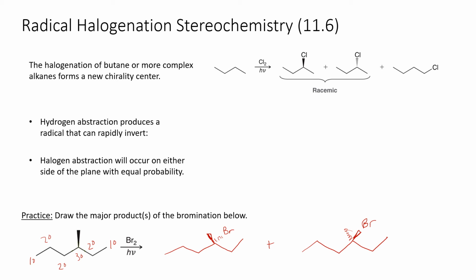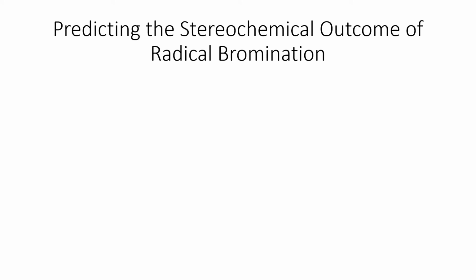So let's practice again, predicting the stereochemical outcome of radical bromination. Because remember, bromine is much more selective than that of chlorine. So when we're doing this, the first thing you want to do is identify the regiochemical outcome, meaning what will give us the more stable radical. That position will undergo bromination only in this case.